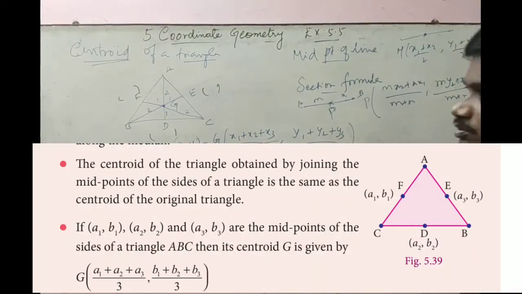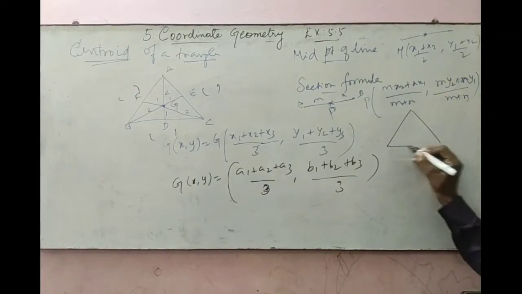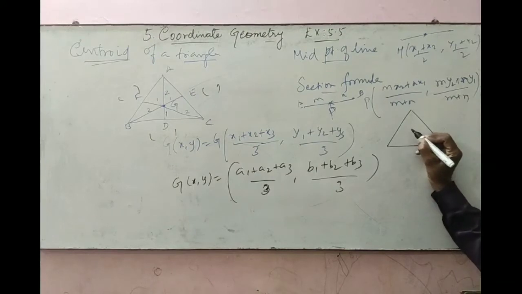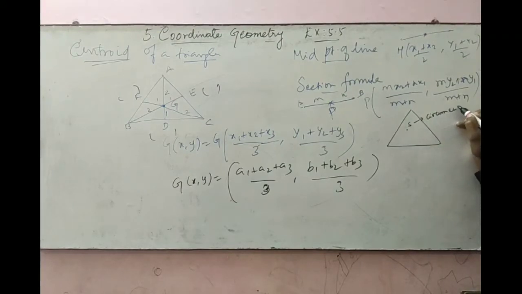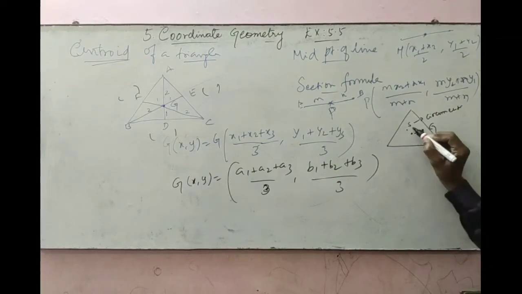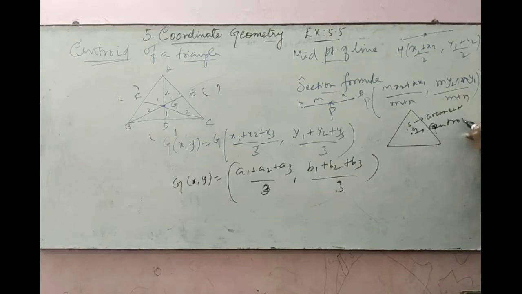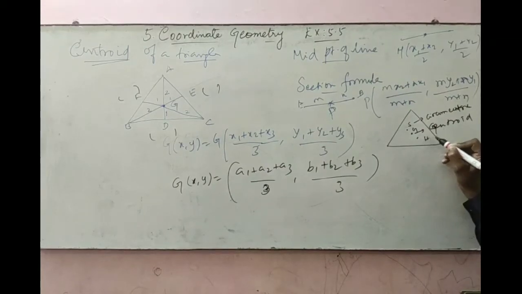Then you have to know one more concept. For a triangle we can draw S, which is called the circumcenter, G is called the centroid, and H is called the orthocenter.